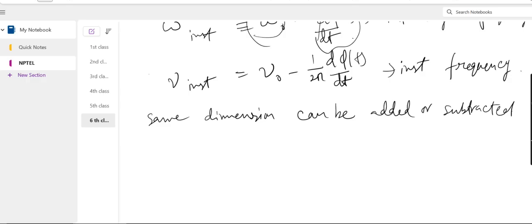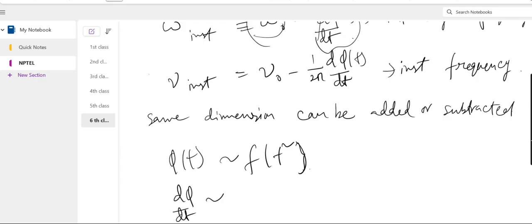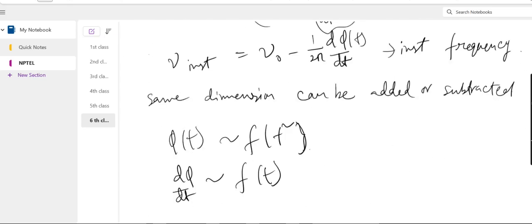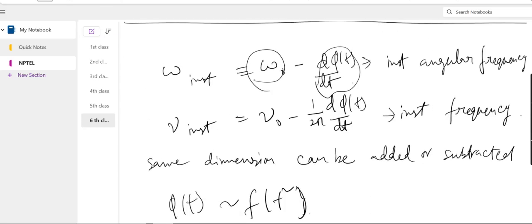So if phi of t is a function of t square, then d phi by dt is a function of t, because the degree will reduce by 1.